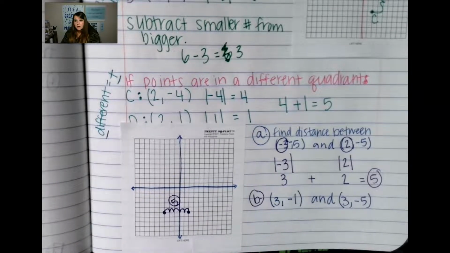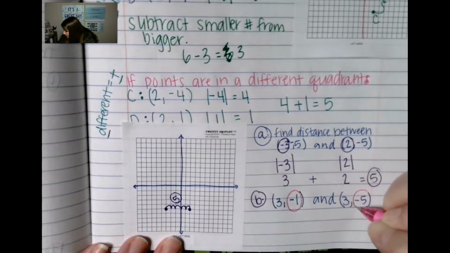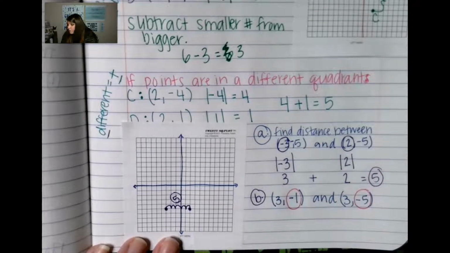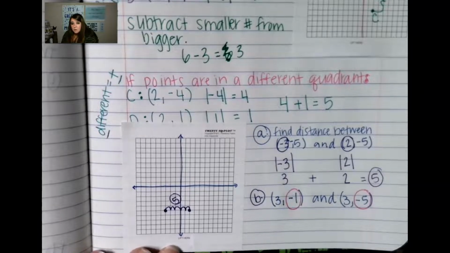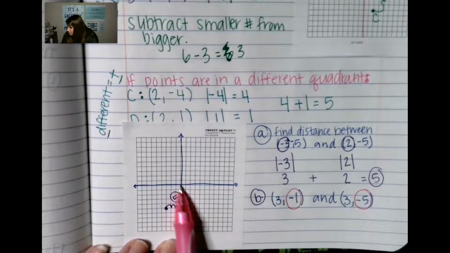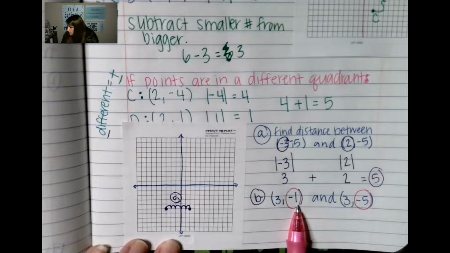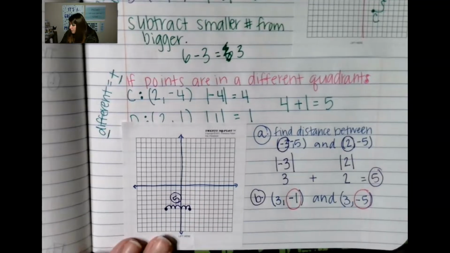So again, we're going to start out first by looking at the ones that are different. Okay. Now we're going to have to determine, are they in the same quadrant or are they in a different quadrant? You can determine if they're in the same quadrant by looking at their values. Okay, so they both have a positive and then a negative. That means that they would both be in the same quadrants. Or we could just graph.